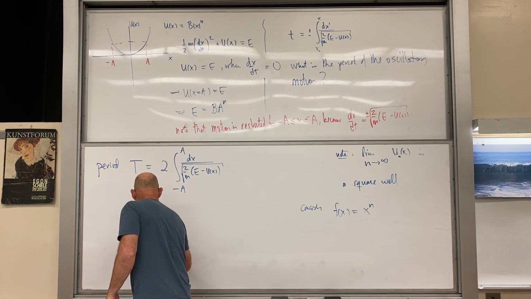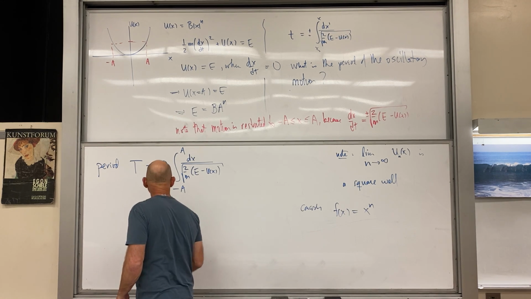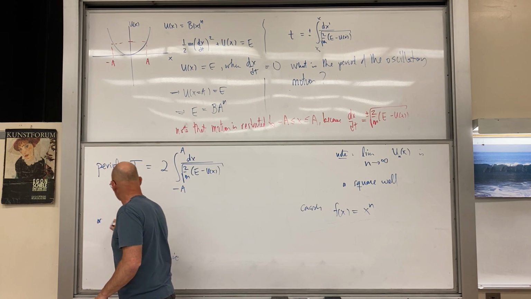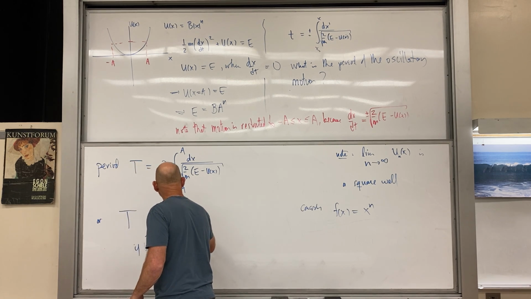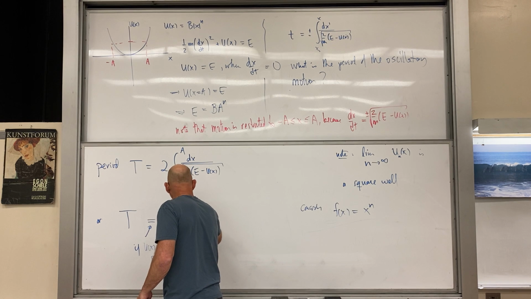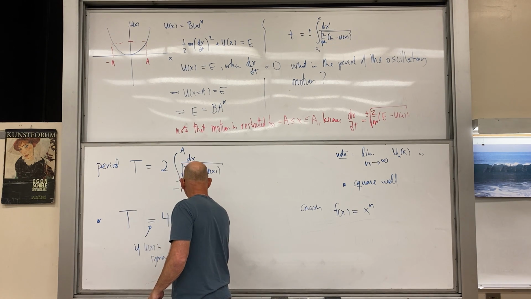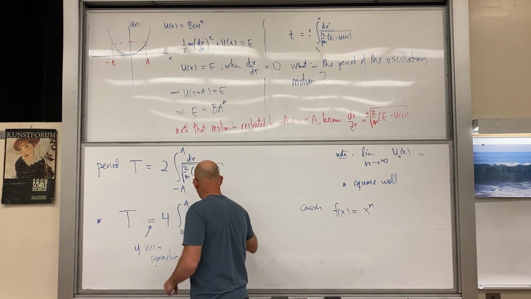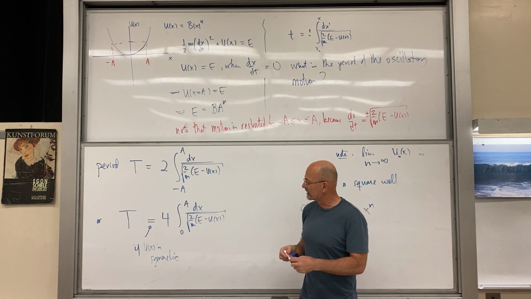And if the potential is symmetric, we can even take 4 times 0 to A. So if u of x is symmetric, then we can take 4T equals the integral from 0 to A of dx square root of 2 over m (e minus u of x). So this is the expression we're going to work with next time.